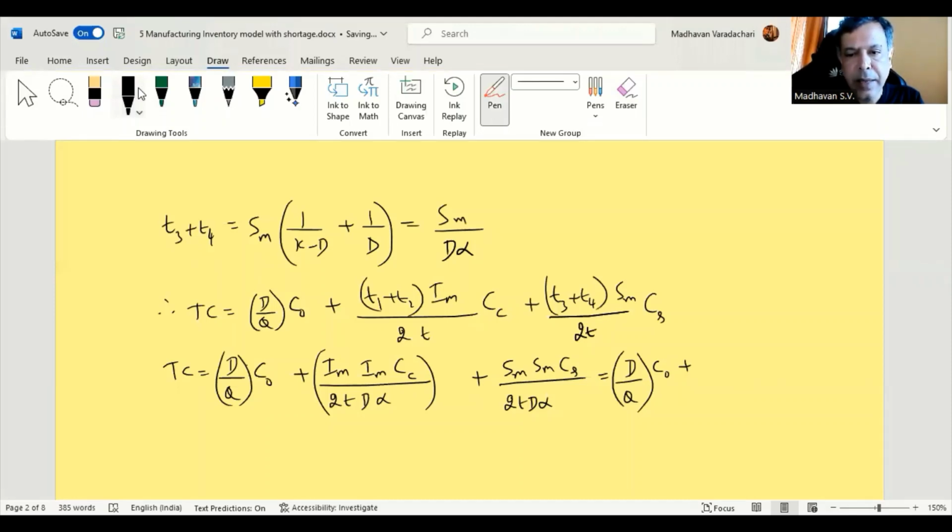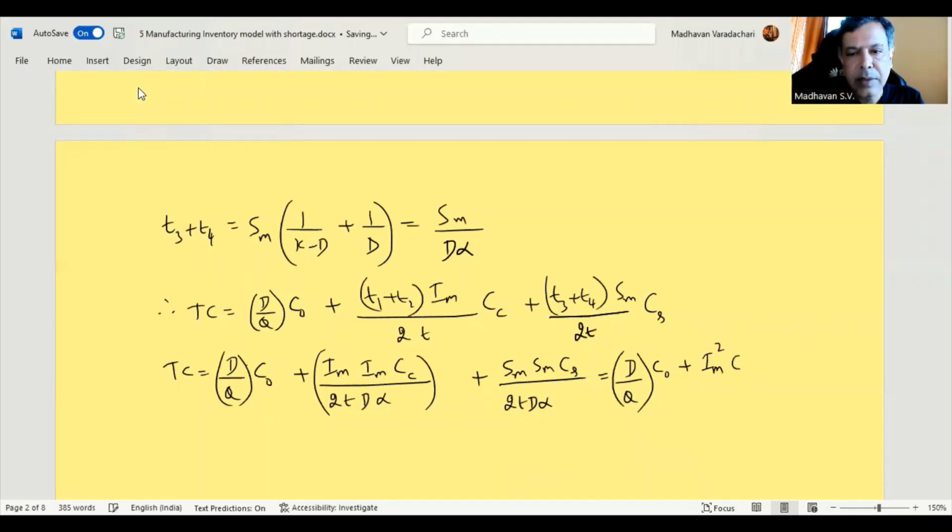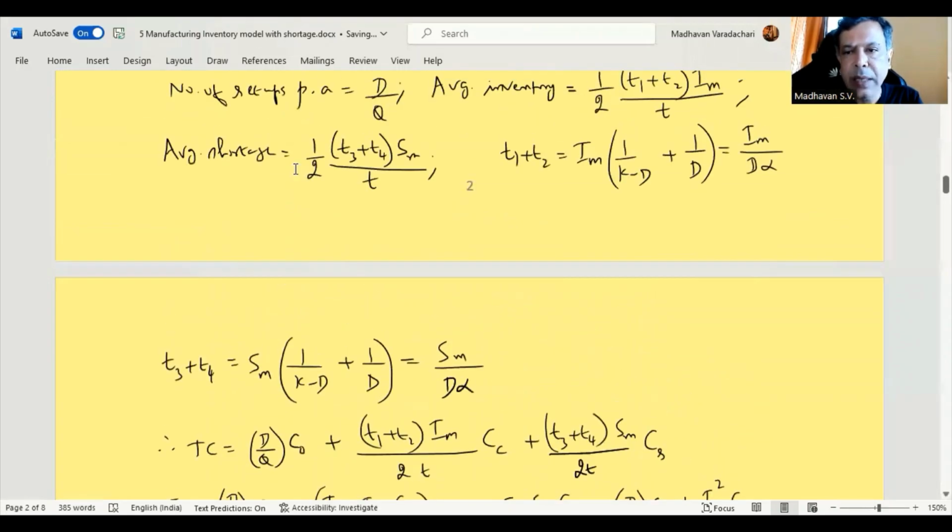And then this is IM square Cc by 2T. T is in terms of D by Q, I think.